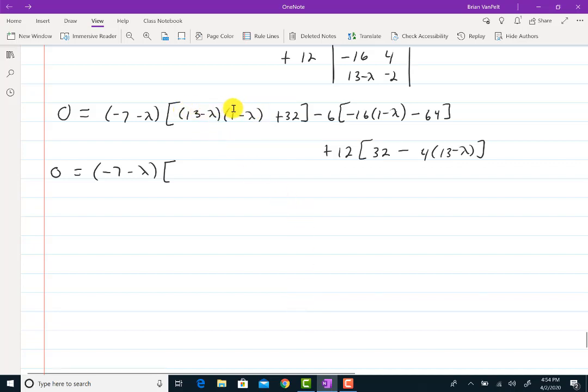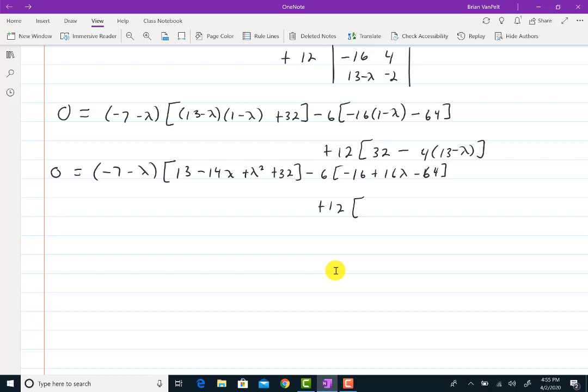When I FOIL this piece out, I'll get 13 minus 14 lambda plus lambda squared plus 32 minus 6. I'll distribute inside of these brackets. So -16 plus 16 lambda minus 64. And then plus 12 times 32 minus 52 plus 4 lambda.